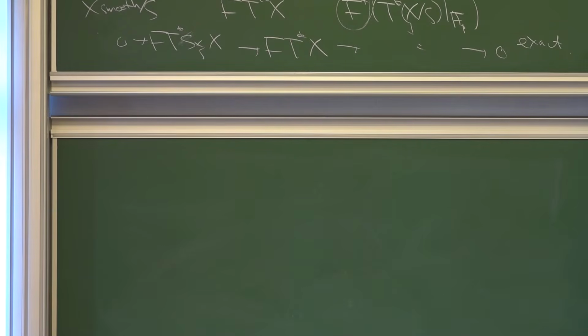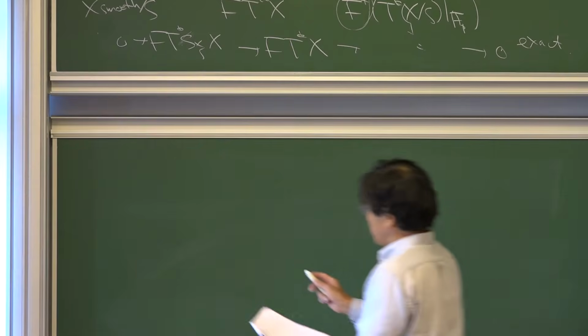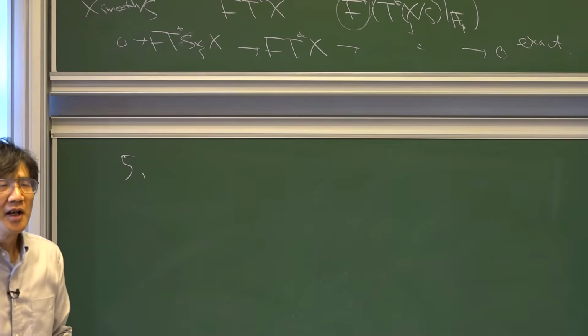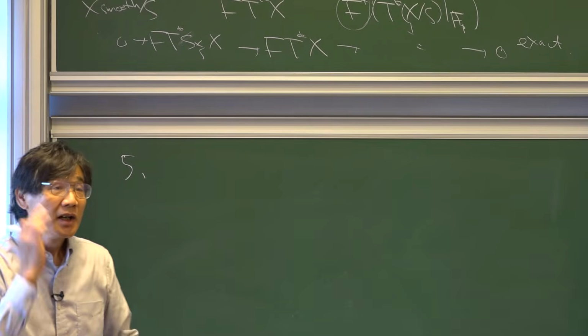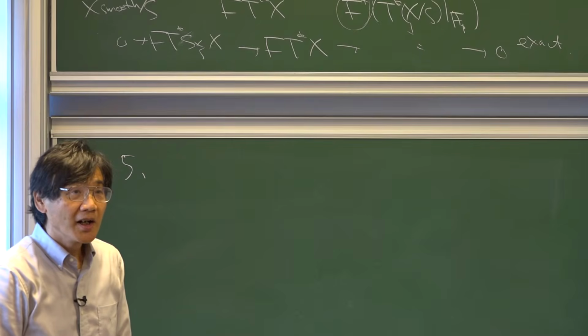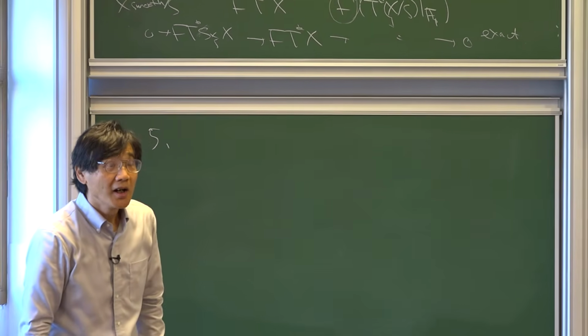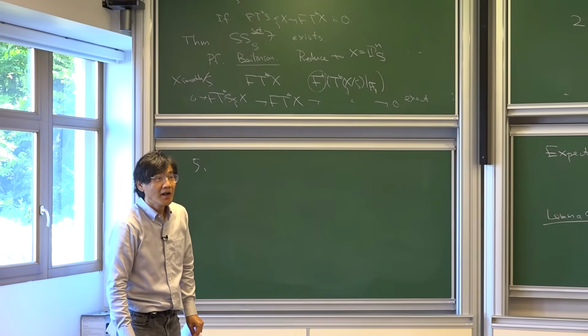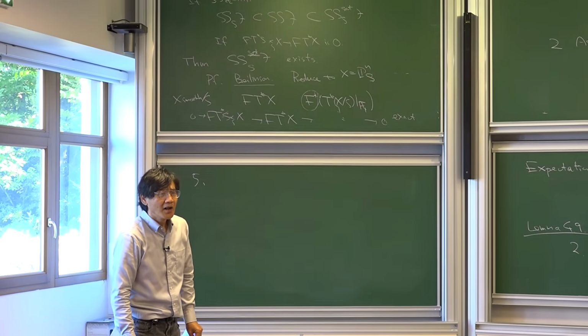Okay. So in the remaining time, you still have expectation 4.8. Because you don't prove expectation 4.8 completely, do you know that there is a smallest saturated conical subset so that F is micro-supported?